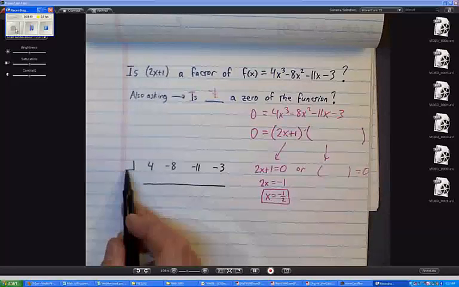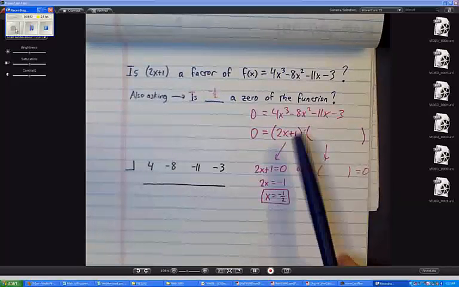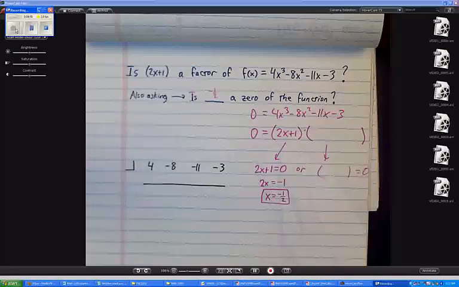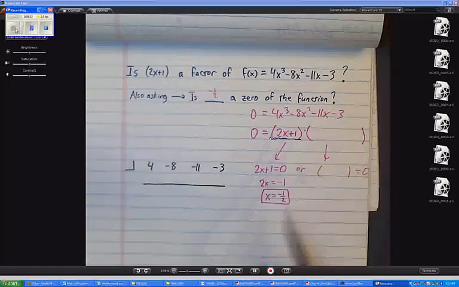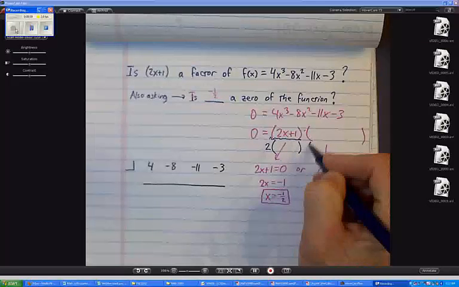Well, I'm saying 2x plus 1 is a factor, right? But if 2x plus 1 is a factor, there's another step I could do. I could factor 2 out of this. Really? Yeah. You could write 2 times some stuff.